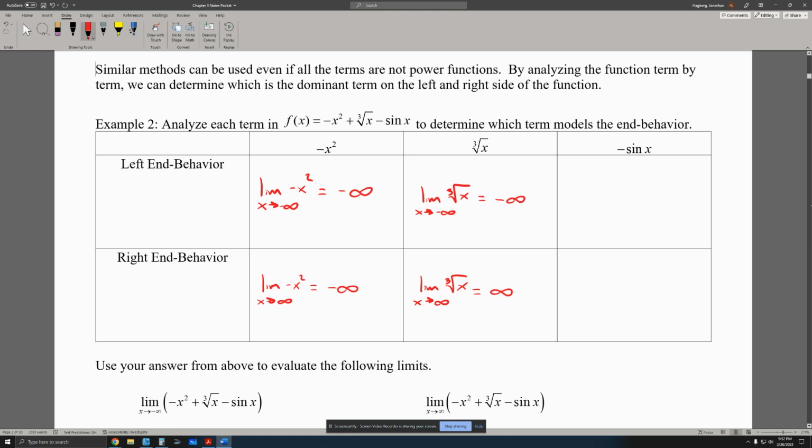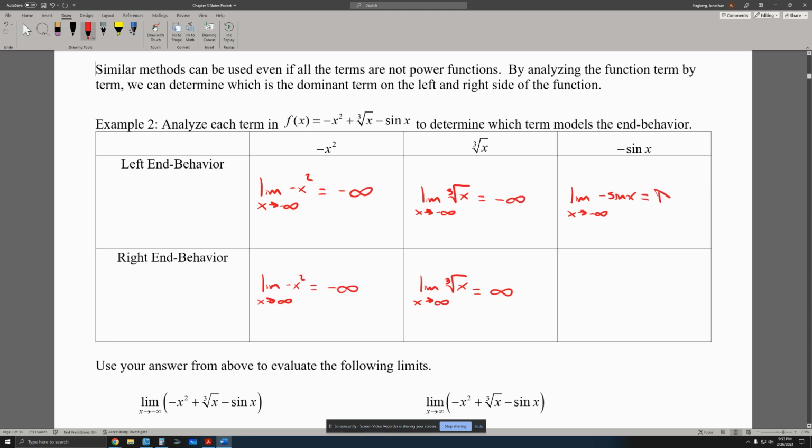And finally, the negative sine of x. Remember, the sine function oscillates between negative 1 and 1. We've got that wave pattern here. So because this doesn't approach infinity or negative infinity, nor does it approach a finite value, we can say that the limit of negative sine x as x approaches negative infinity, remember, as we keep decreasing, there doesn't appear to be a pattern or a finite value that this function approaches.